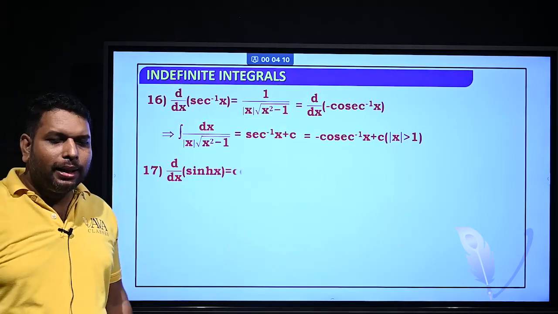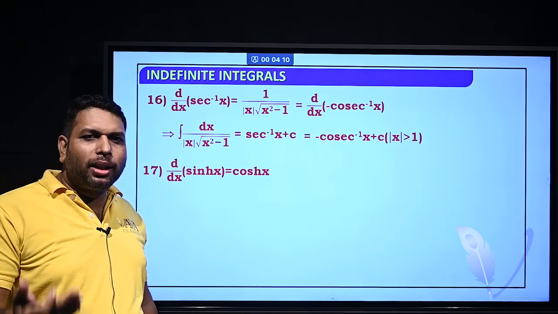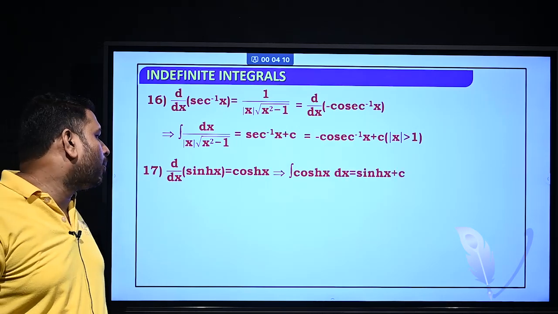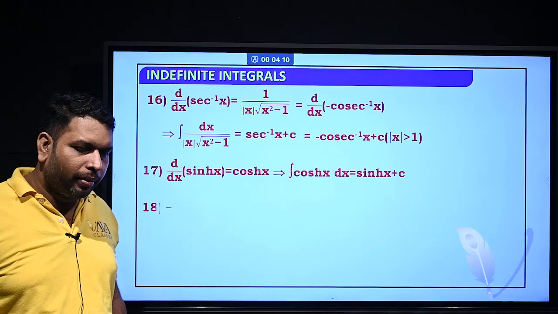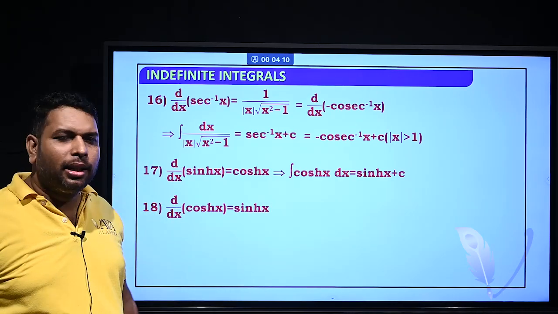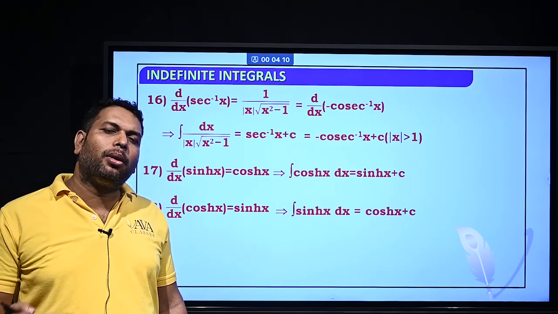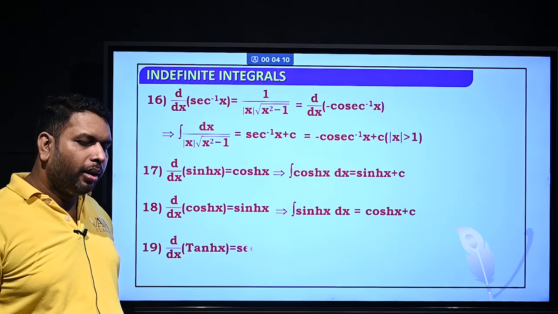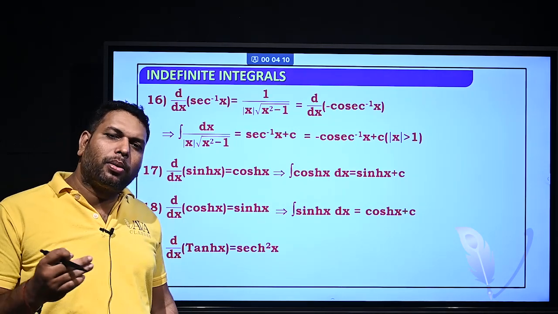Derivative of sin hyperbolic x is cos hyperbolic x. So integration of cos hyperbolic x dx is sin hyperbolic x plus c. Derivative of cos hyperbolic x is sin hyperbolic x. So integration of sin hyperbolic x dx equals cos hyperbolic x plus c. Derivative of tan hyperbolic x equals sec hyperbolic square x.